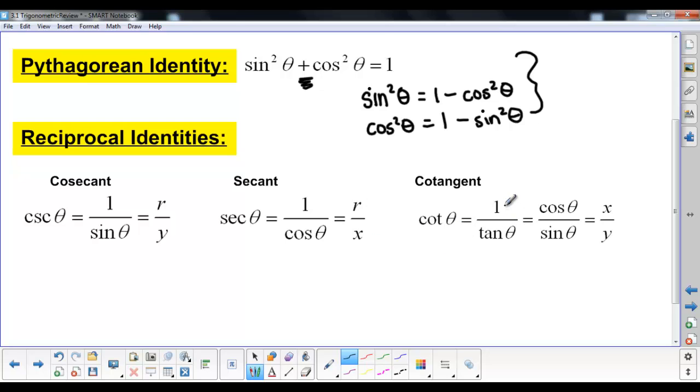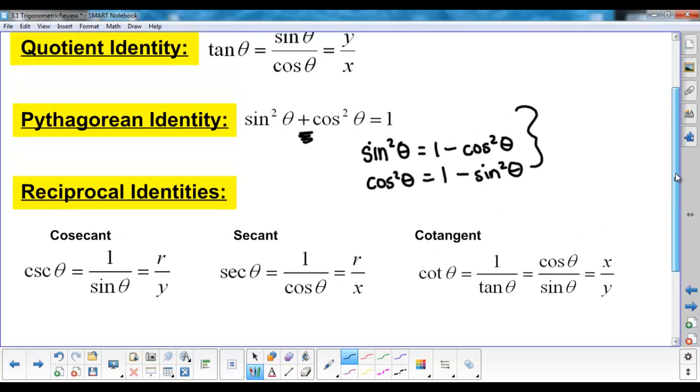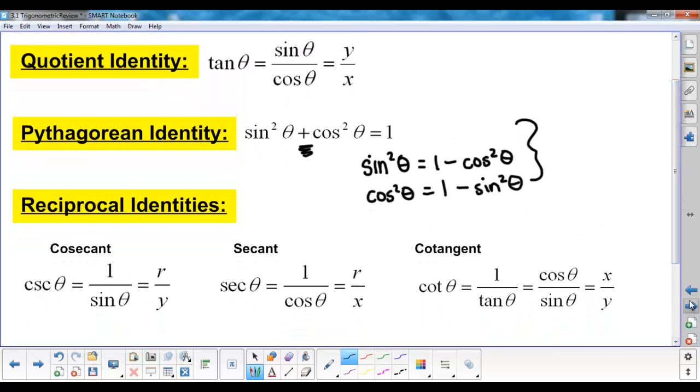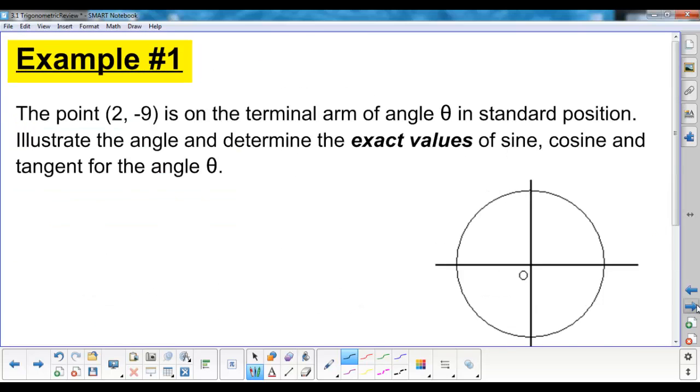And cotangent is really the reciprocal of tangent. So if tan was sine over cos, then cotangent is going to be cos over sine, and again, if we're talking about variables, then tangent is y over x, and cotangent is x over y. So all three of these types of identities you should get familiar with and make sure that you are comfortable with working with them. So we'll start some examples now.